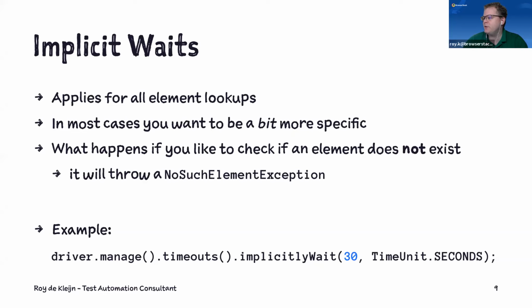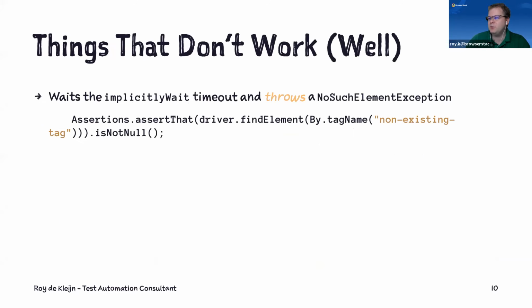Because, as I mentioned, if you like to check if an element does not exist, this doesn't really work in those examples. If you just try to find the element and check if it's not null, for an element that does not exist, then it will wait your implicit wait timeout, and eventually it will throw you the no such element exception.